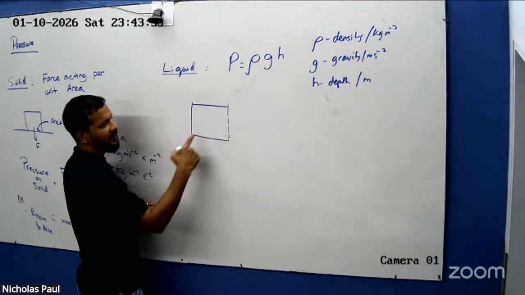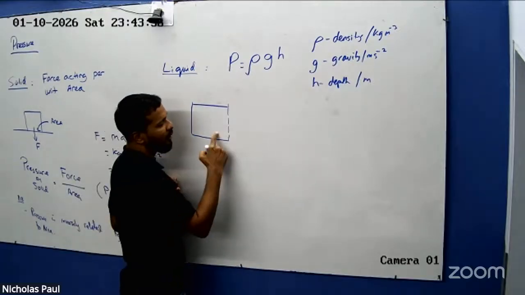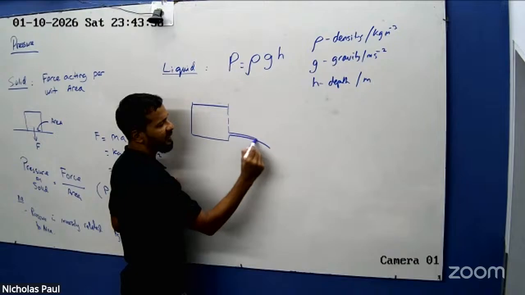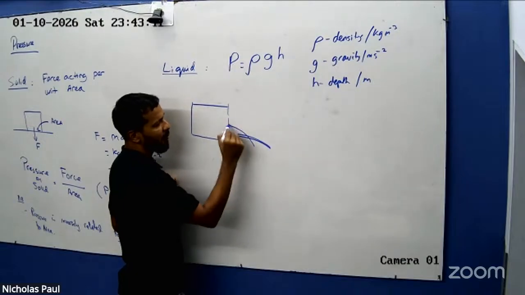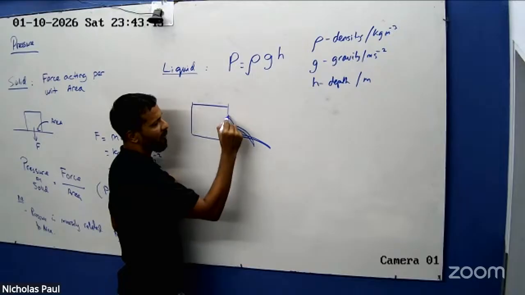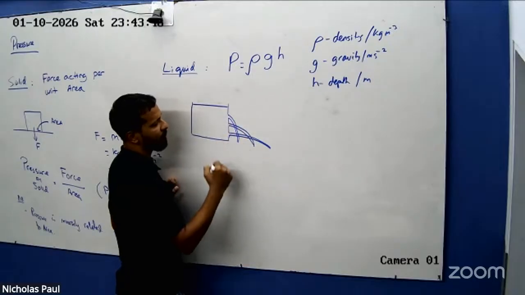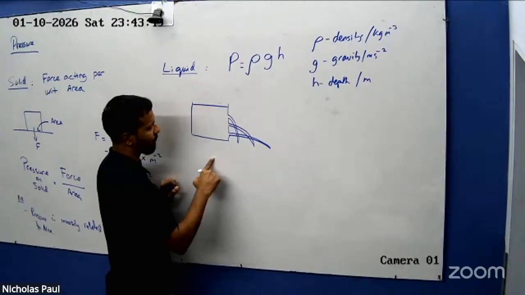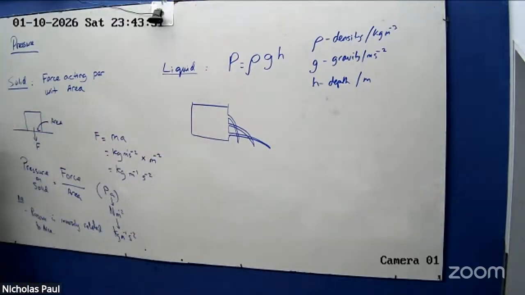If I fill a container and have 3 holes in the container, we saw that the water will go out the furthest at the lowest hole, the middle one here, and least here. Okay?